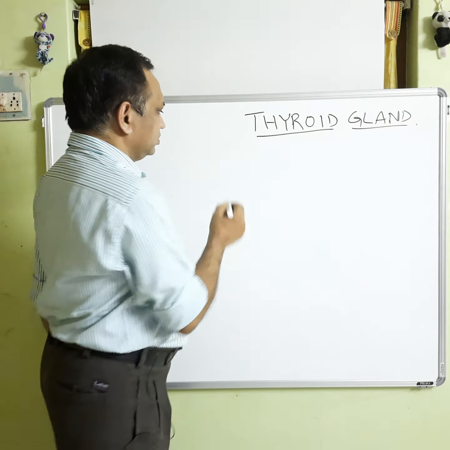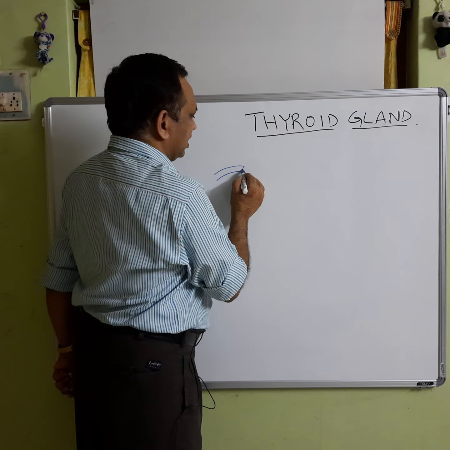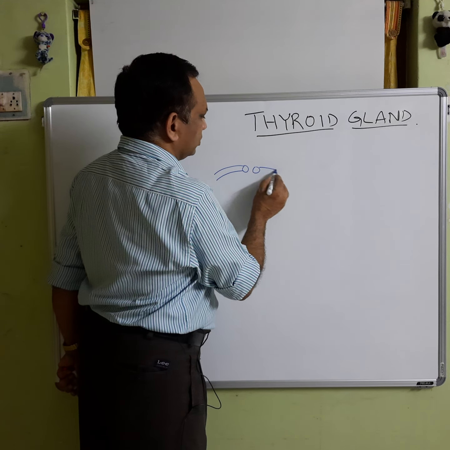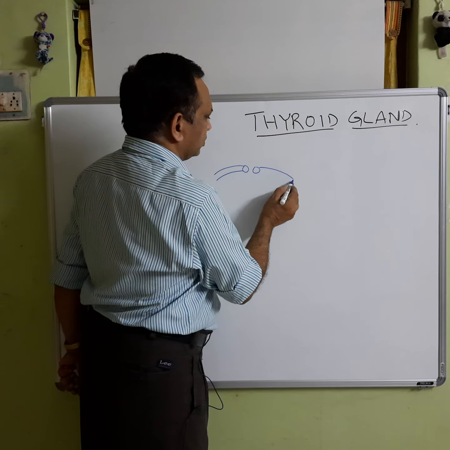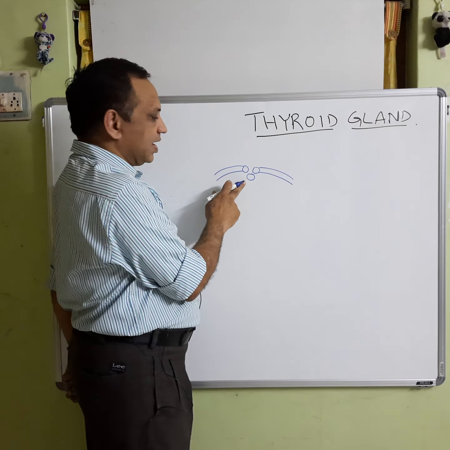You all know from the mandibular arches, the ventral ends form two lingual swellings, and the endodermal floor forms tuberculum impar.